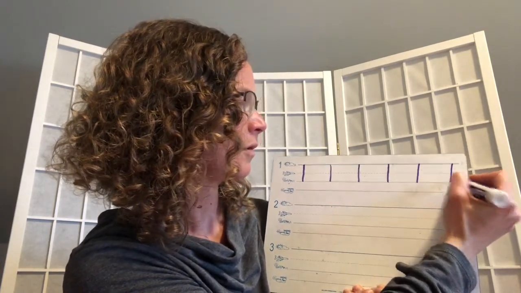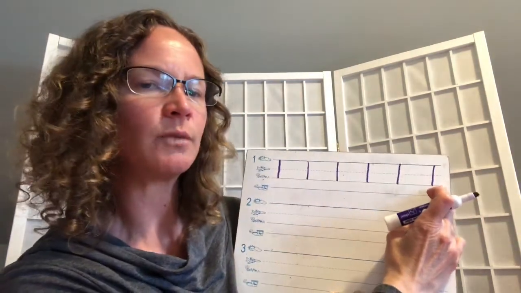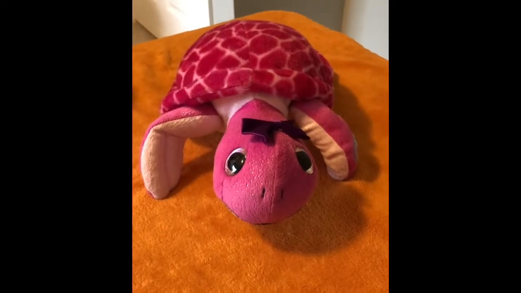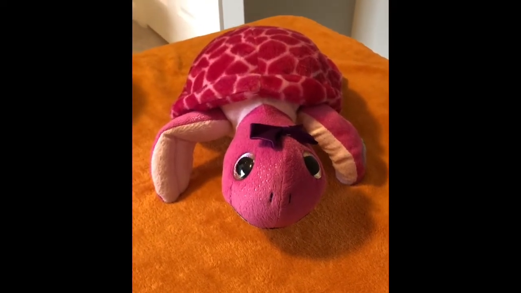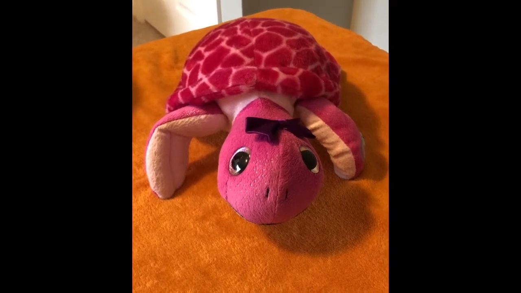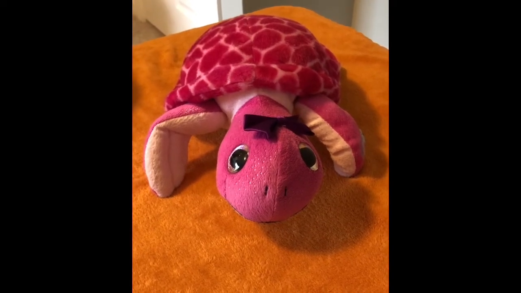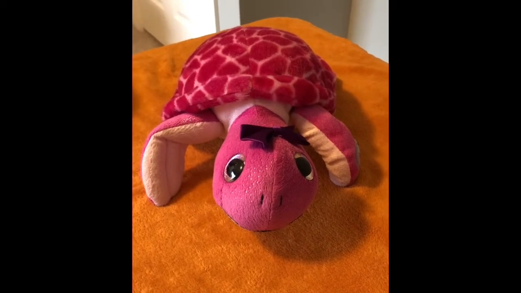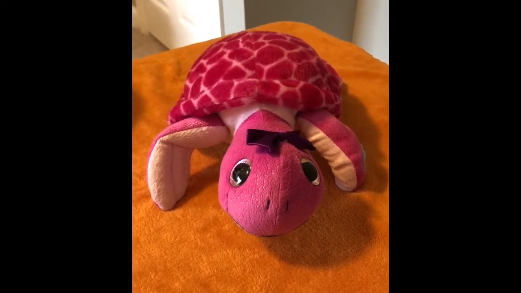Oh no! I got to the end of the line. What should I do? Oh, hey, Tammy. Do you have an idea? Well, yeah. I think that you should probably go down to the next line. Oh, what do you mean?